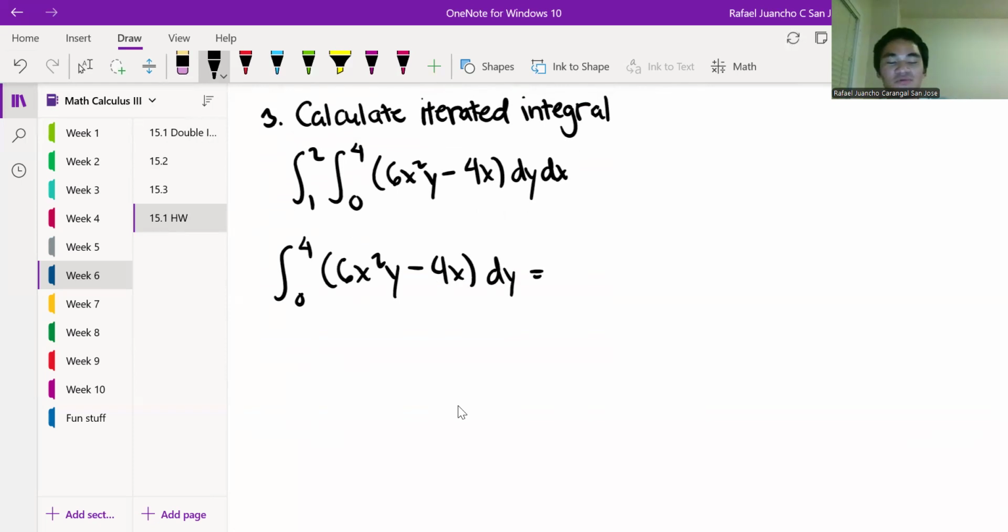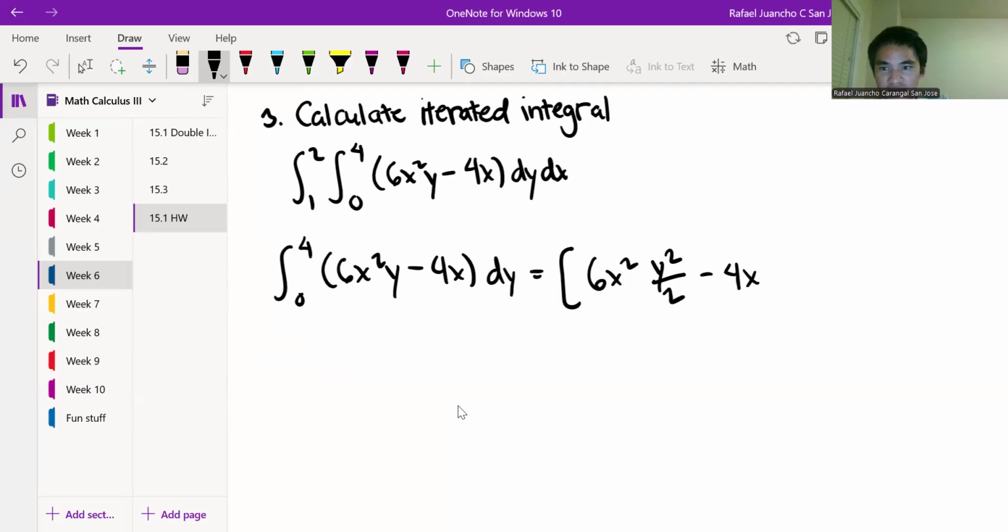So we're doing it in terms of y. Now, here x is a constant, so I'm going to leave it be. So I'm going to say this is 6x squared, this is y squared over 2, right? This is minus 4x.